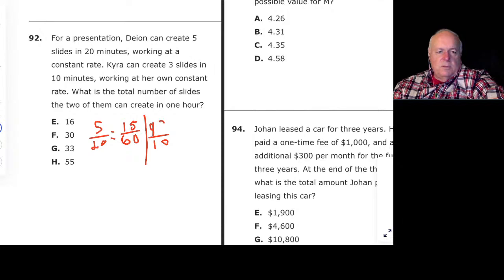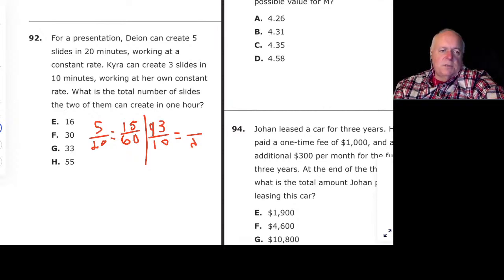Okay, so that would be equal to x over 60. And again, we can do 3 times 60 equals 10x, or we could just look at the 2 fractions here and see that the denominator is a multiple of 6.